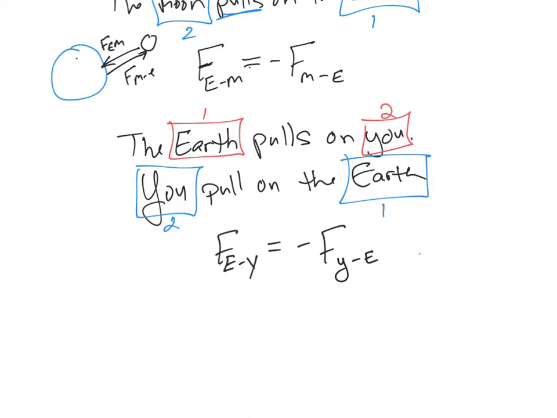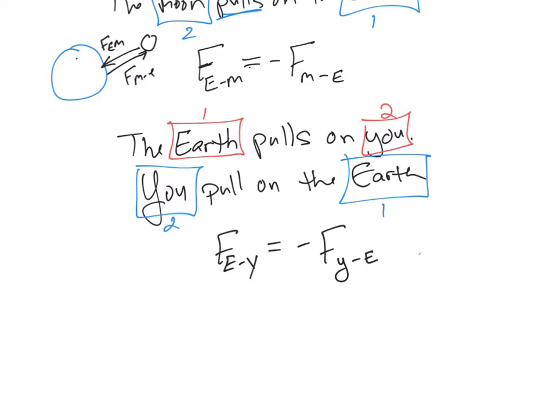So the force of object 1 on object 2 is equal and opposite to the force of, actually I'm going to use the moon one, I think. Hang on. Okay, and I think this is going to make a bit more sense. I'll even use mine. Use the earth on you and you on the earth.